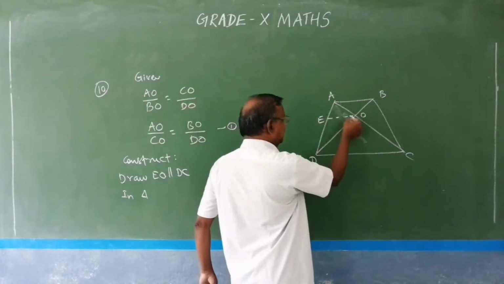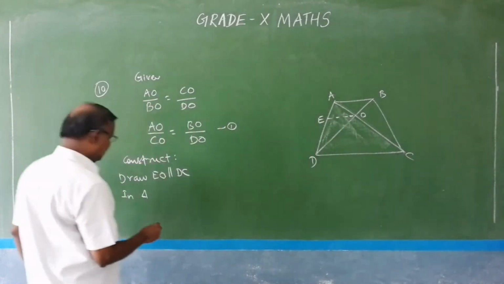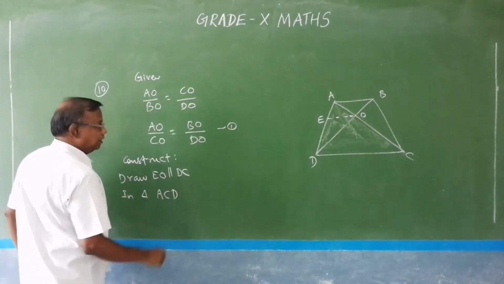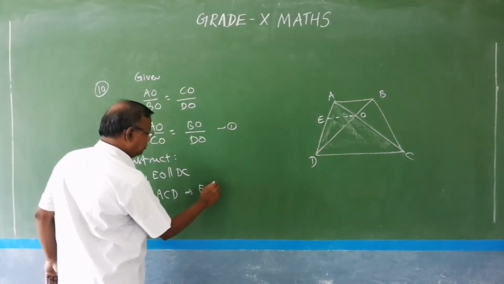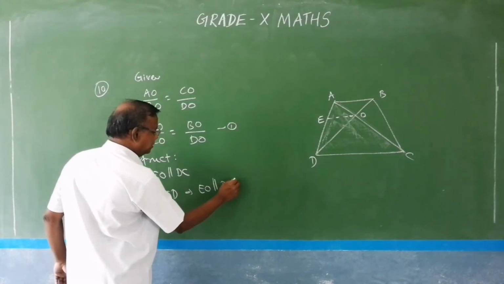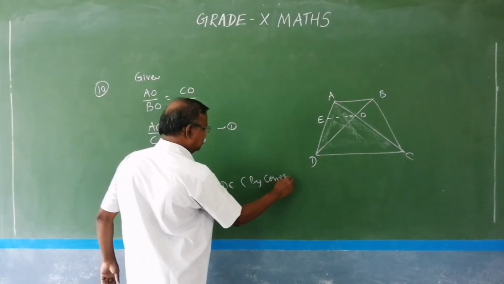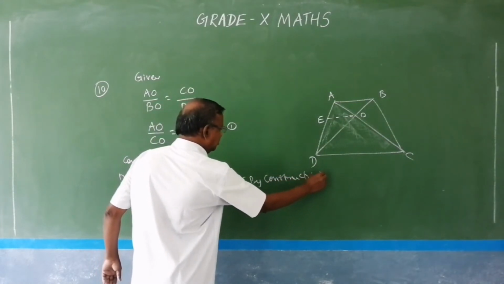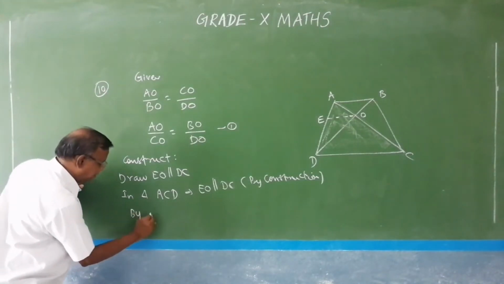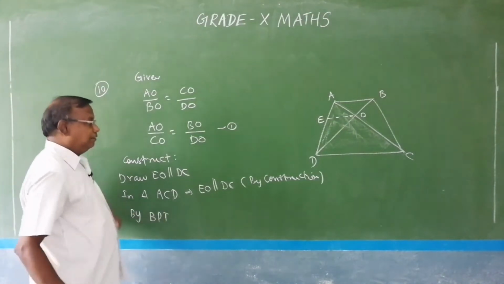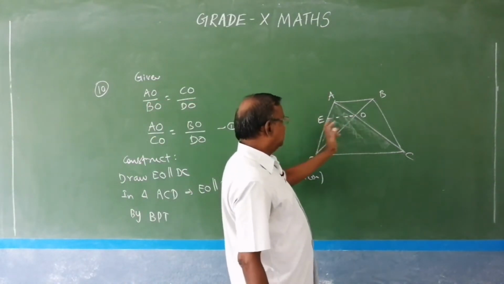Now, consider triangle ACD. In triangle ACD, we have EO parallel to DC, because by construction. Now, by the basic proportionality theorem, if a line is drawn parallel to one side of the triangle, the other two sides are in the same ratio.